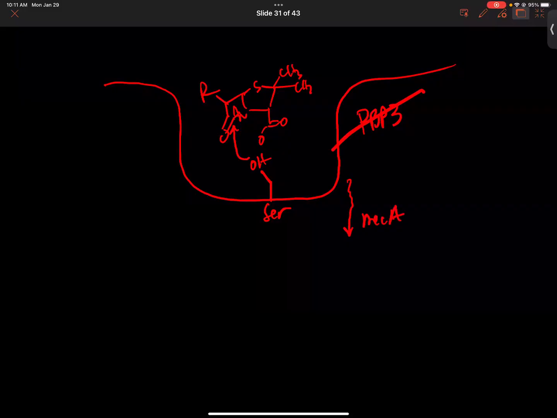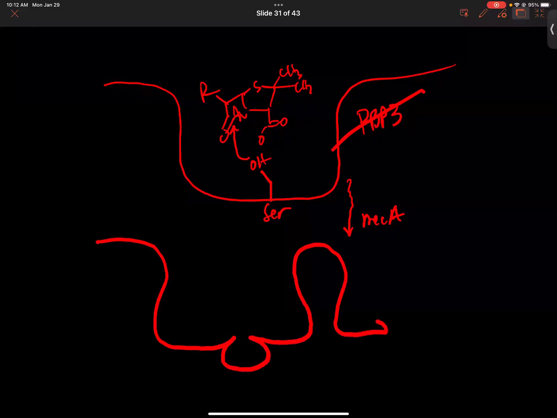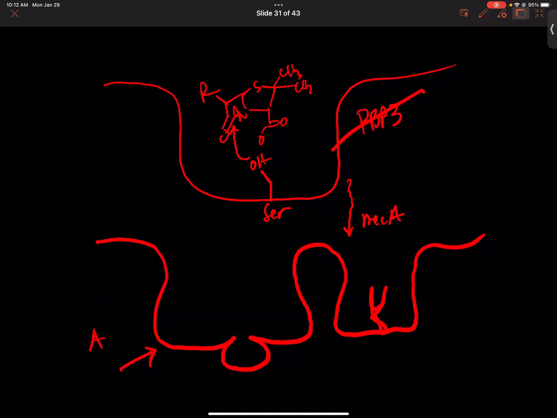MECA is a little bit different. Structurally, it's a little bit different. So here is the active site.